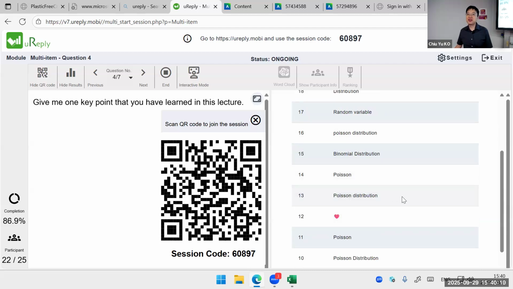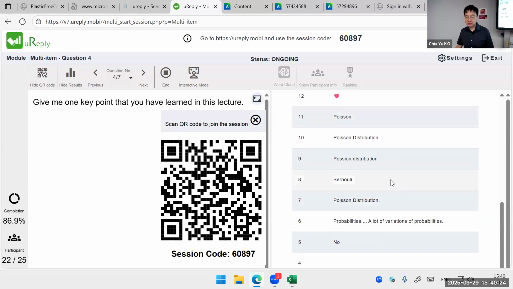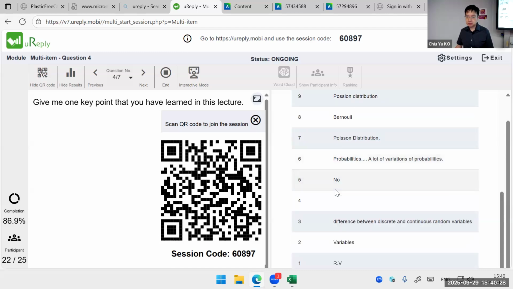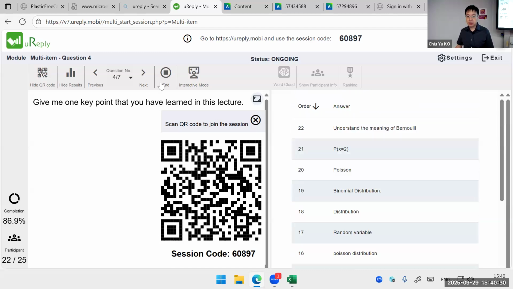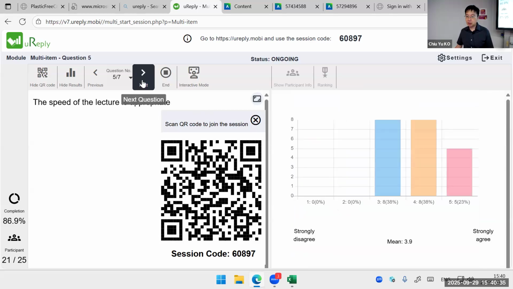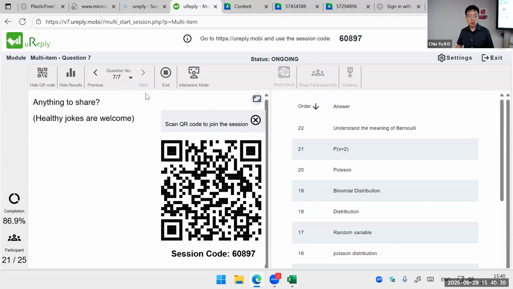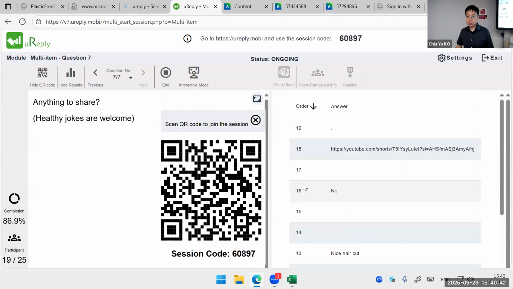The central meaning of Christianity is love. Hopefully, you got that part. Probability, loss of visibility. Yeah, that's true. Yeah, that's good. The speed is okay, so I'm happy that happened. Most of you can follow, and I guess it's the same thing, all right? Is it going to be the same trick? Let's see.